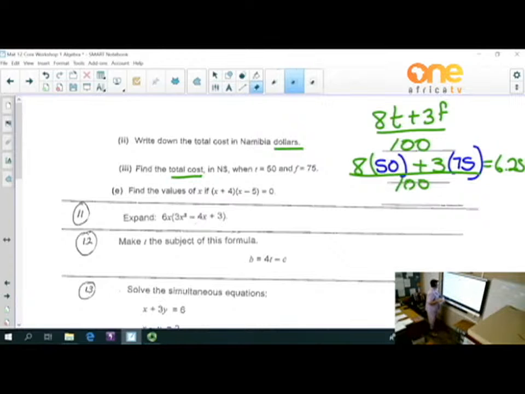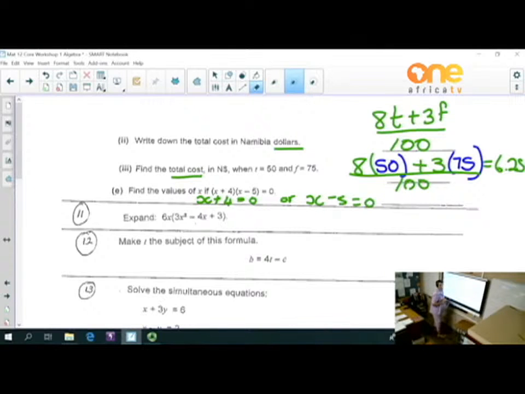And at E they say, find the value of X in this one. Now this is quadratic equations, and here we reason that to get an answer of 0, either this one or this one must be equal to 0. So I'm going to say that X plus 4 is equal to 0, or X minus 5 is equal to 0.